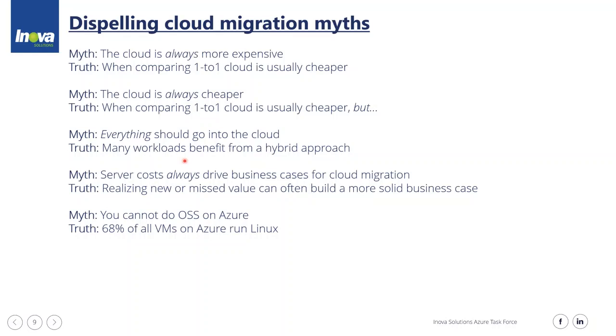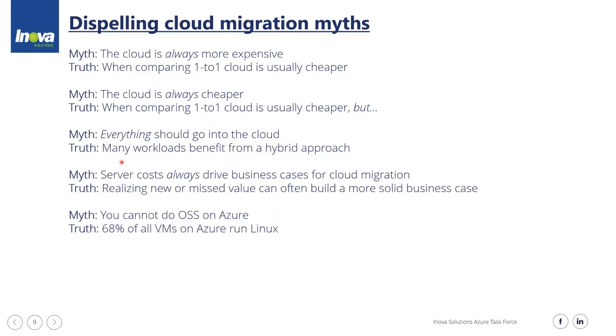This could be, for instance, a company that works in the manufacturing or engineering space, and maybe because of the very particular and specialized hardware this company uses, they have very long refresh cycles, 10, 12-year hardware refresh cycles. Maybe that type of company, for most of their workloads, it may be more expensive to move them to the cloud. However, it's important to understand that just because everything is not necessarily cheaper does not make the cloud not worth it.